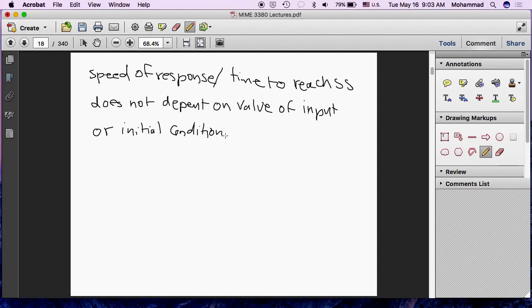So it's the characteristics of the system. In other words, the time that it takes for the system to settle is the characteristics of the system.